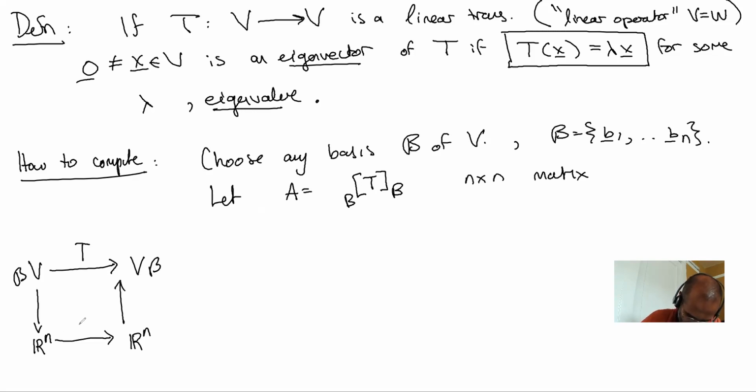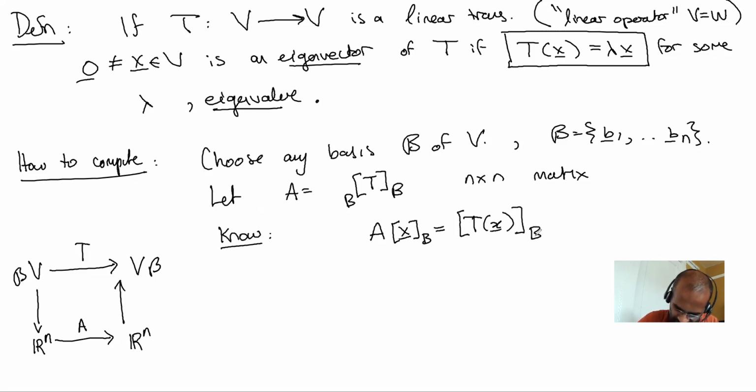And down here you have this matrix A, and you know that this matrix satisfies A times the coordinate vector of x equals the coordinate vector of Tx.